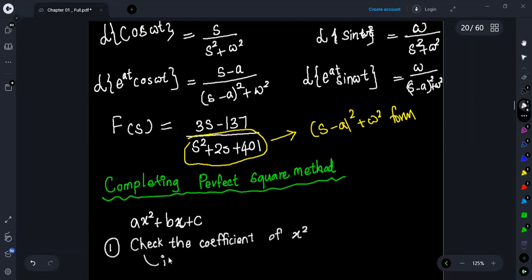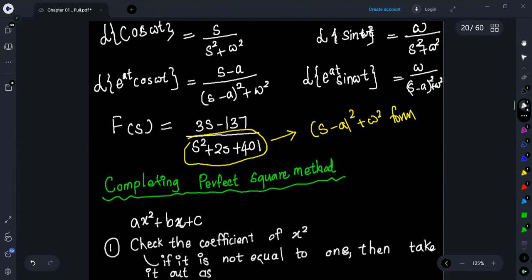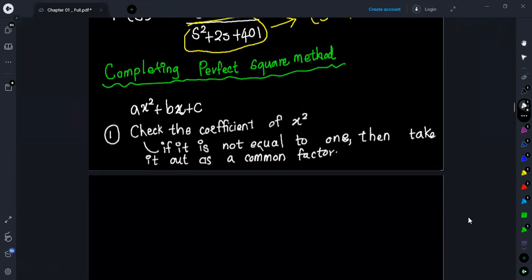If the coefficient of x squared is not equal to 1, then you have to take it out as a common factor.